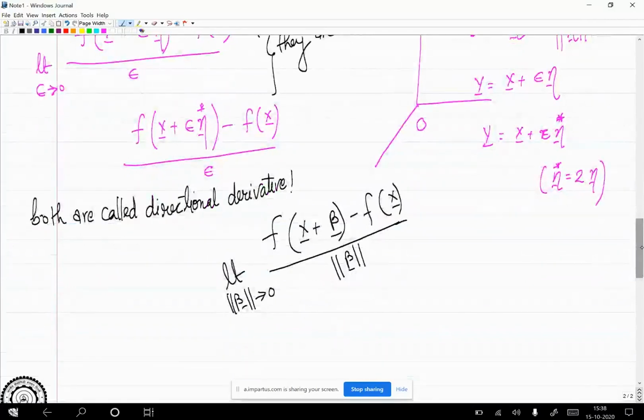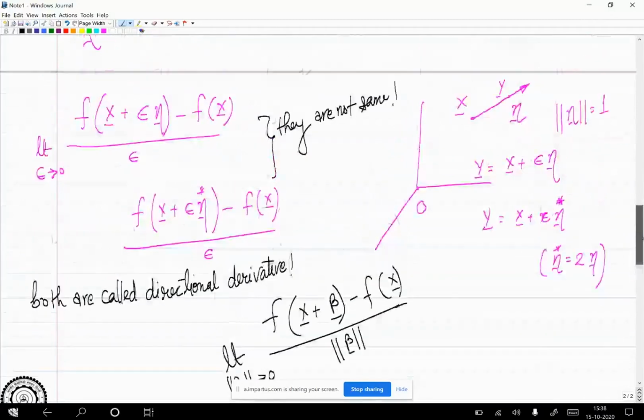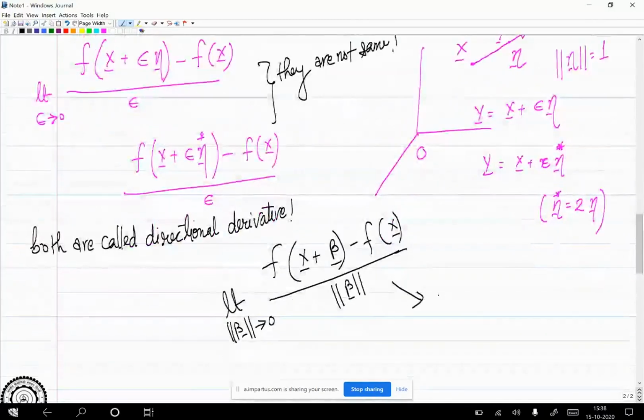Now you see this has got some problem. Can you see what is the problem with this formula? So this is not defined. Can anybody see why it is not defined?